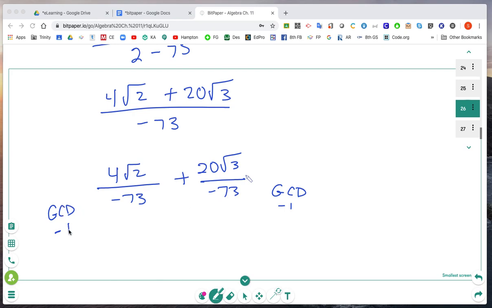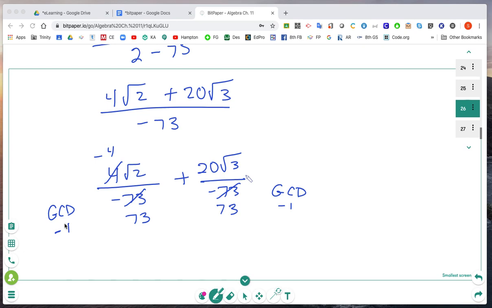As long as these two GCDs are exactly the same, then we can take them out. So that means negative 1 would come out of this, and it would be 73, which is good because I can't have a negative in the denominator. And negative 1 out of 4 would give me negative 4. Negative 1 out of negative 73 would give me 73.